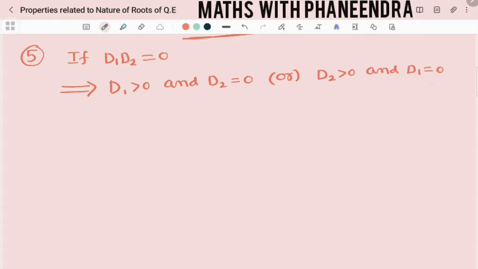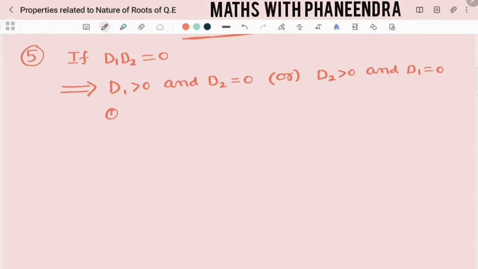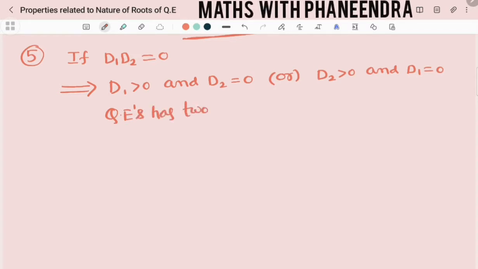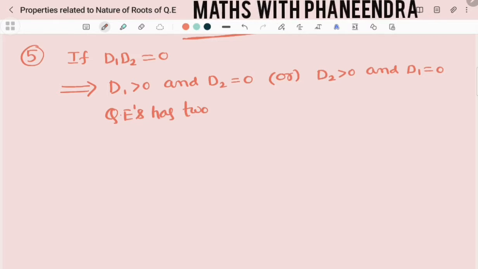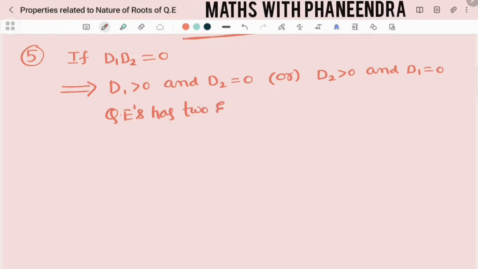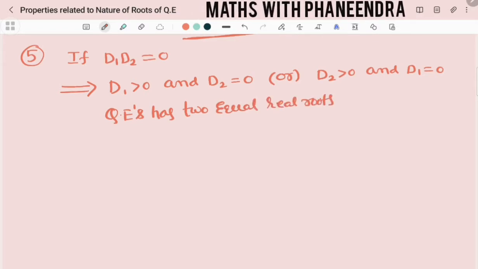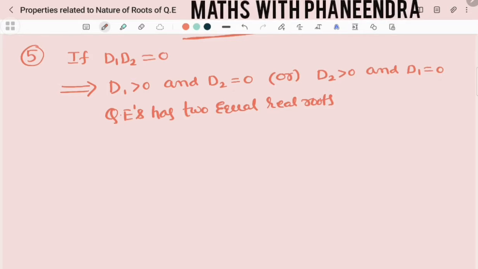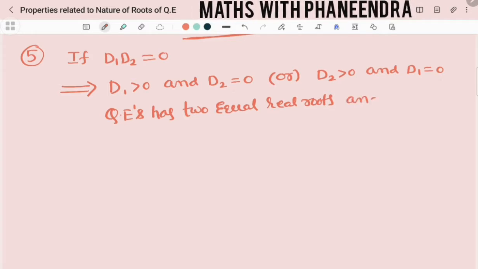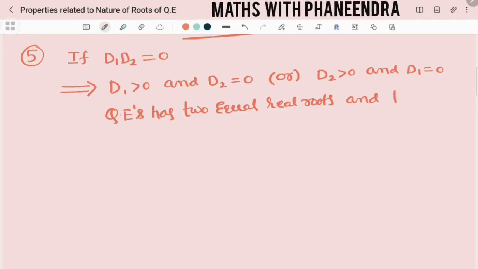So whenever d1 is greater than 0 and d2 is equal to 0, or d2 is greater than 0 and d1 is equal to 0, the quadratic equations have two equal real roots, when it is the d1 equal to 0 case, and two distinct real roots also.